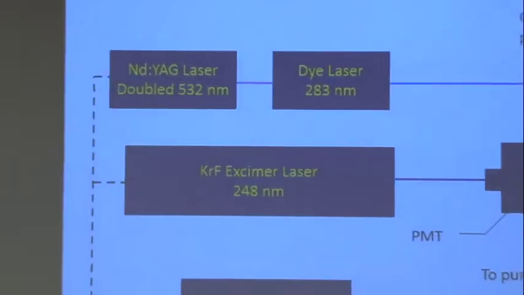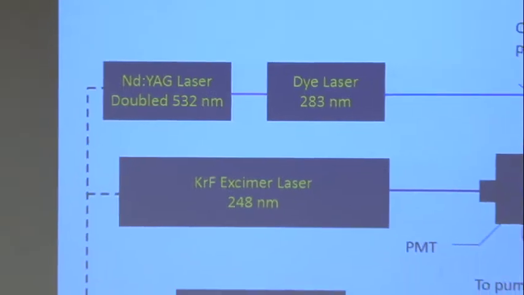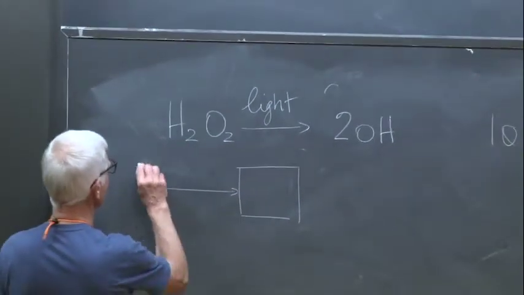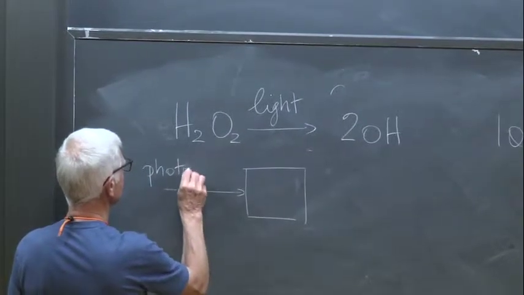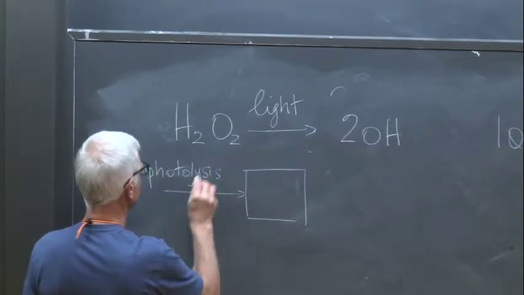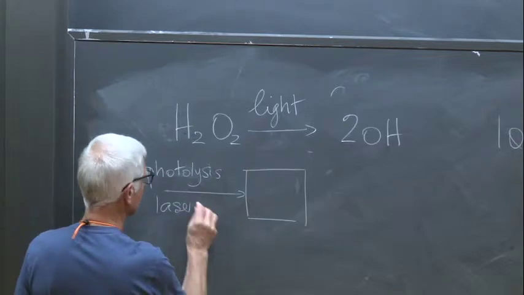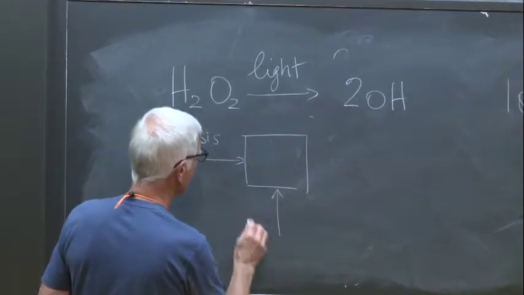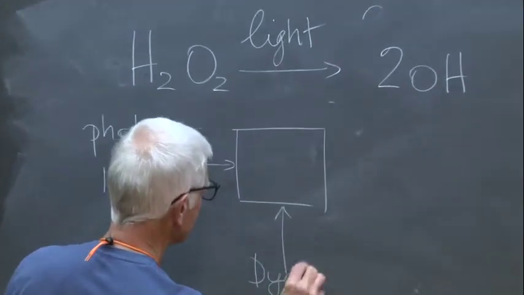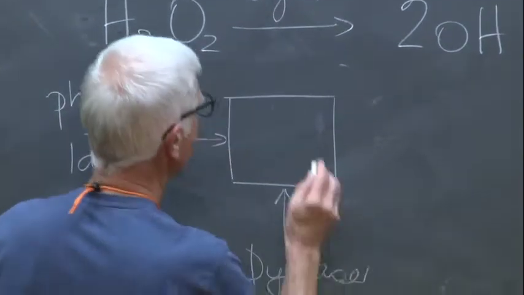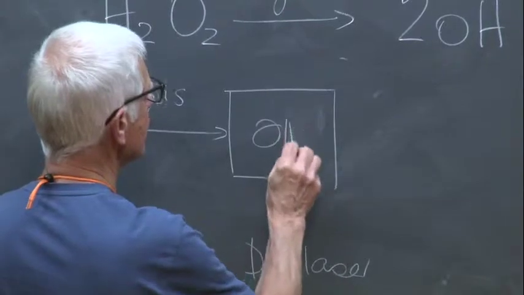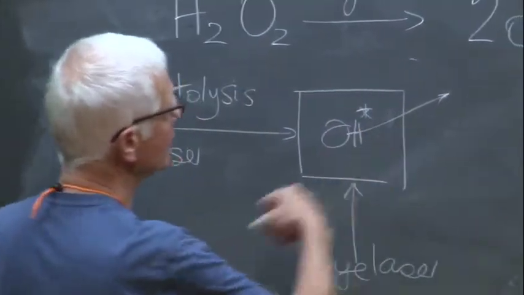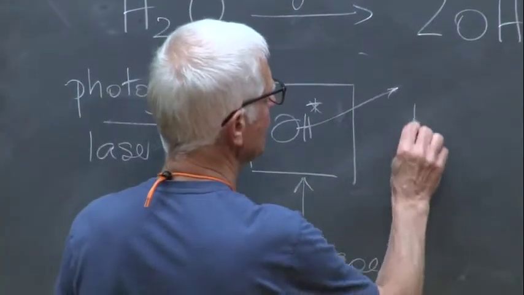And so what we've got is our cell. We've got one laser coming in, which is the photolysis laser, and then another laser, which is the dye laser, and that produces the excited OH, which then fluoresces. So light comes out from the OH, and we measure it with a photomultiplier.